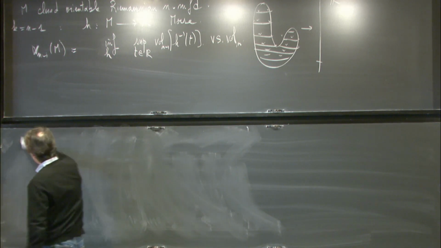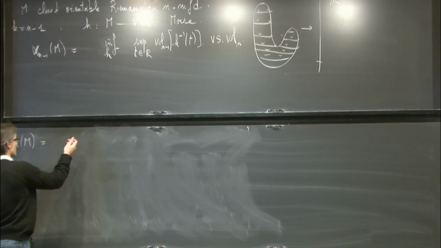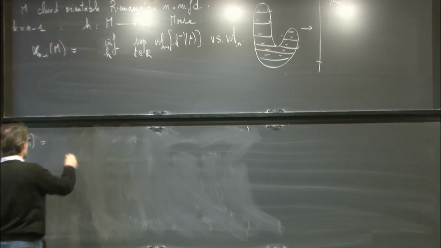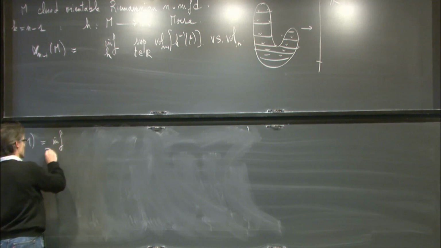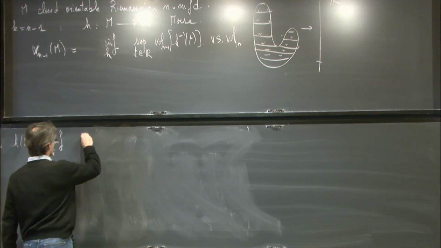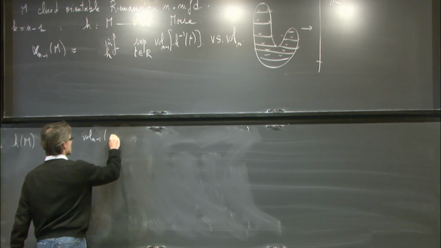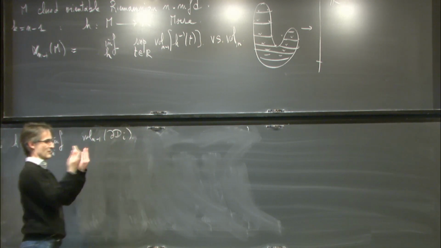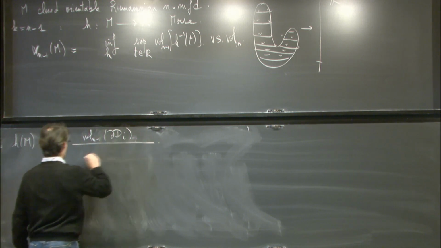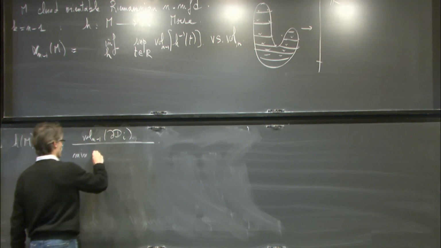Okay, so the Cheeger constant, let me remind you, the definition: you have your manifold, and then you split your manifold into two parts, D1 and D2. And then you take the volume of the boundary of your domain, any of them, because they have the same boundary. And then you divide that by the volume of the smallest part.